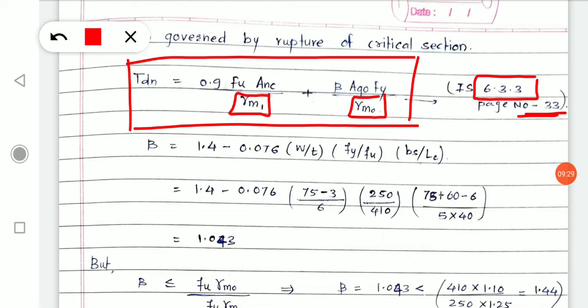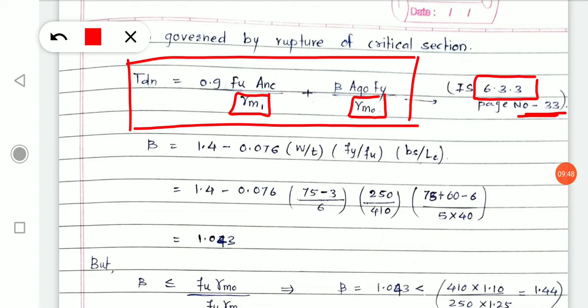We have already used it to calculate Tdg, right? In the yielding mode of failure, we have already seen that we used the partial safety factor for yielding, right? Now we are using it for the rupture criterion.